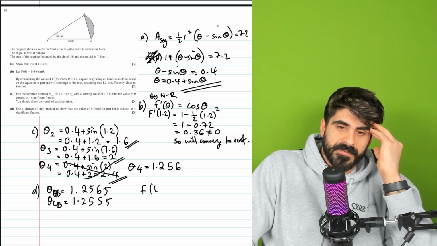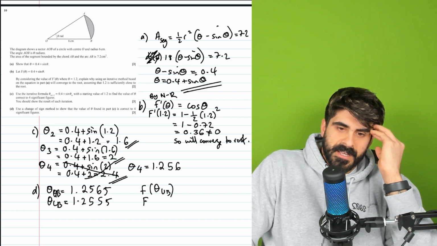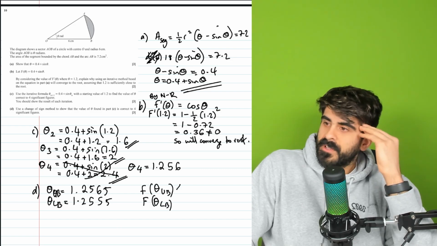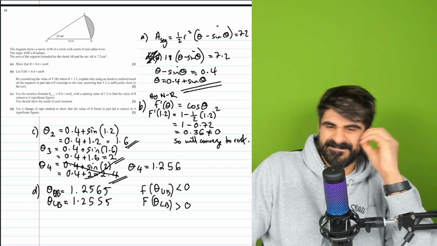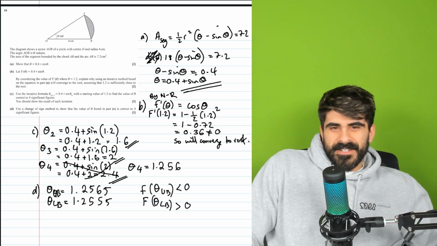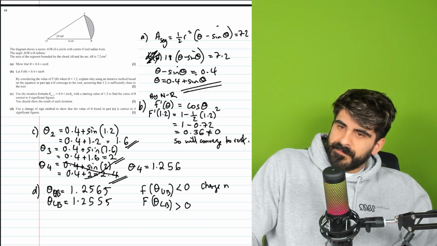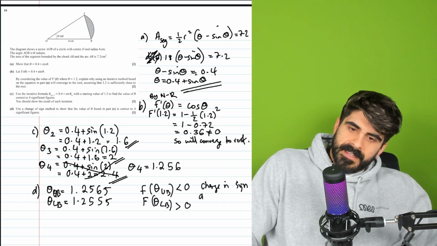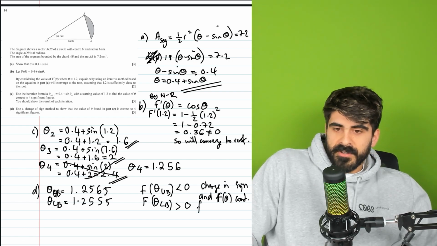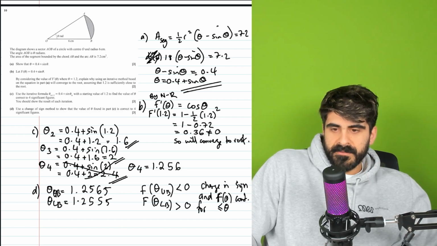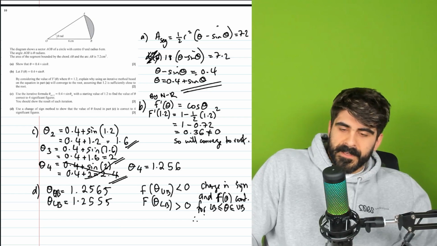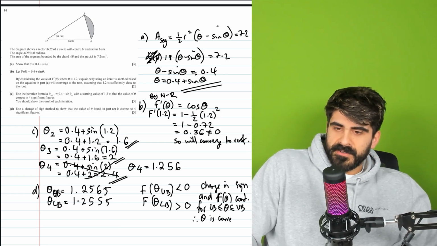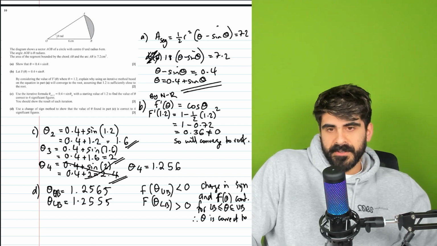Then you're doing f of theta upper bound, f of theta lower bound. Should I say that one's positive or negative? So change in sign, and f of theta is continuous for theta between LB and UB. Therefore, theta is correct to 4SF.